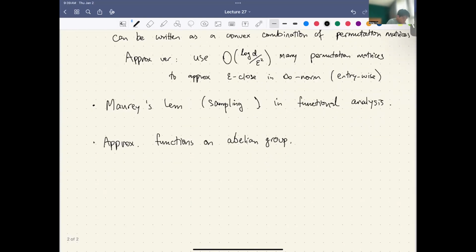Let me state the theorem. Here's the setup. Suppose we have some abelian group G, let's say a finite abelian group.